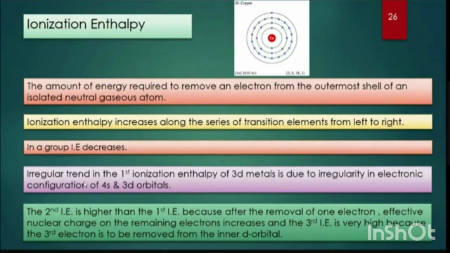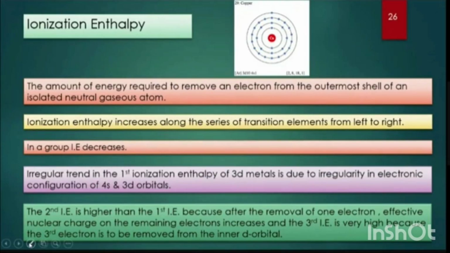What I mean to say is the force of attraction exerted by the nucleus on the outermost electrons increases. As a result, if we want to remove the second electron from the outermost shell, we need to supply more energy than the first ionization enthalpy. That is why second ionization enthalpy is always greater than first ionization enthalpy.